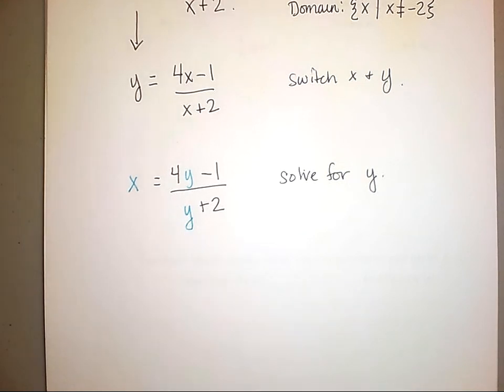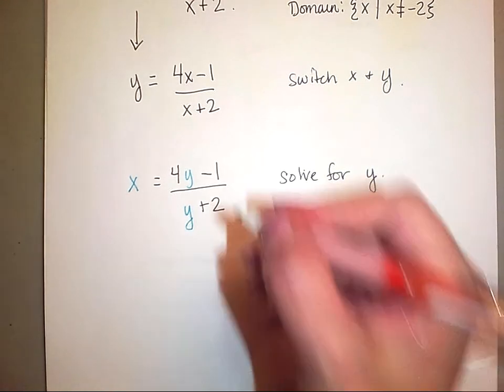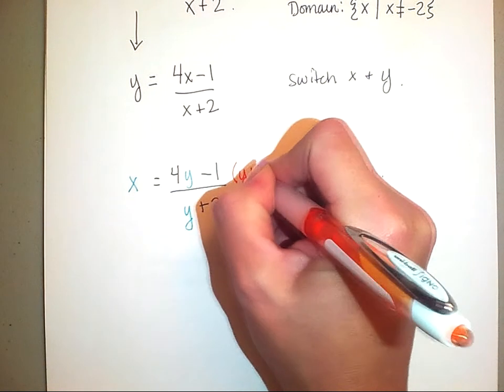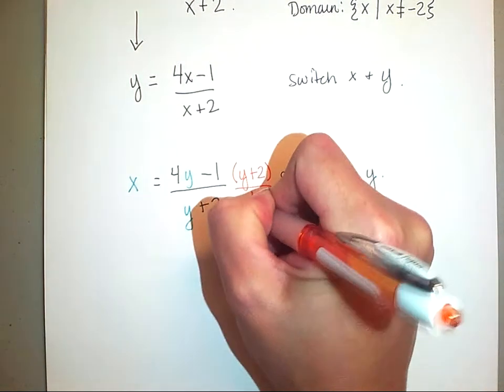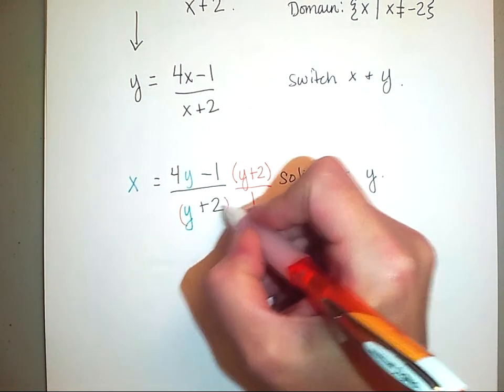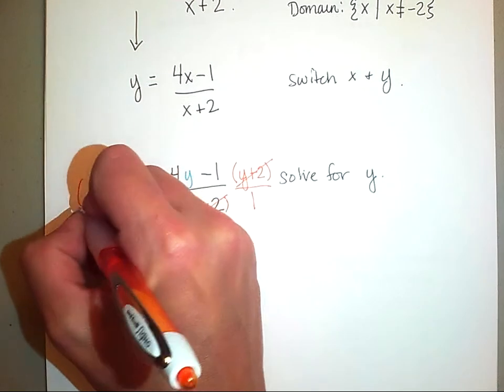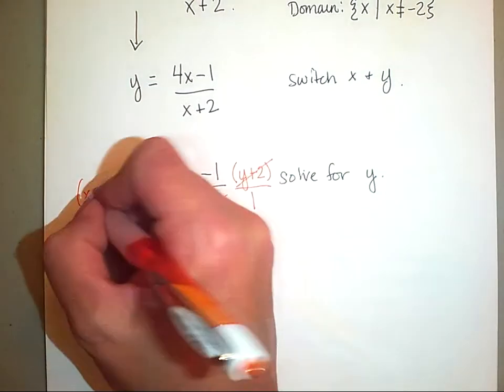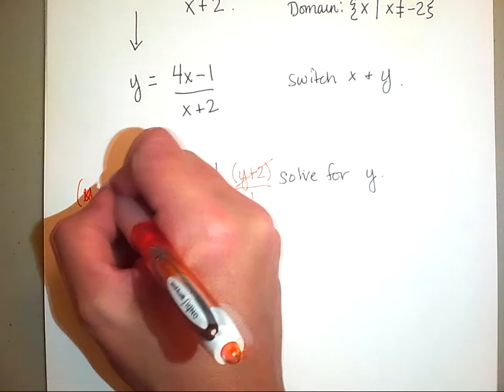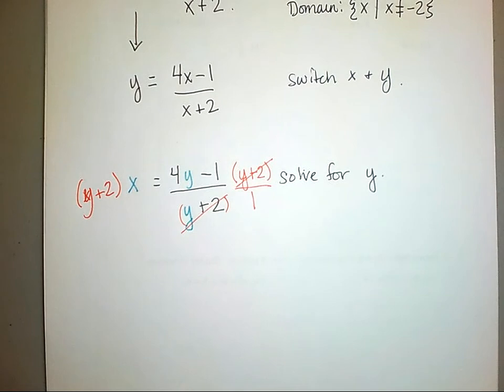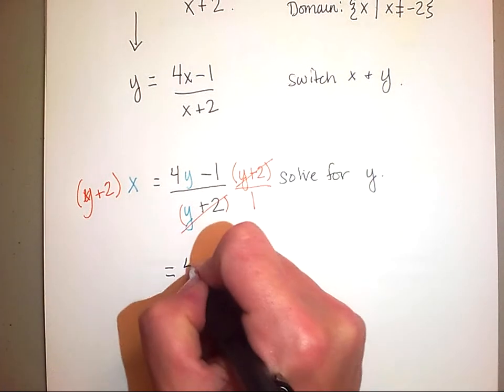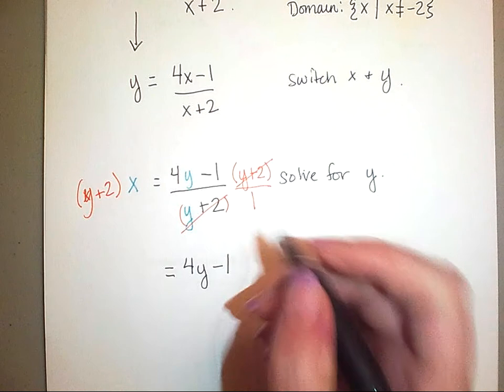So first of all, let's get rid of that. The way we could do that is, let's multiply through by this denominator. So on this side, they will cancel, and on this side I'll have y plus 2. So over here, we just have 4y minus 1.